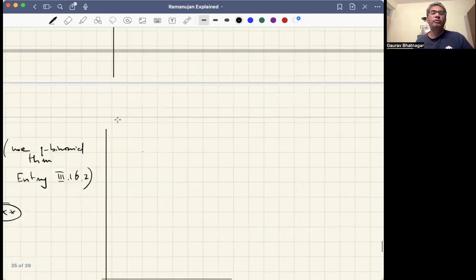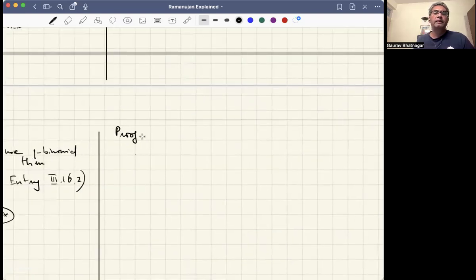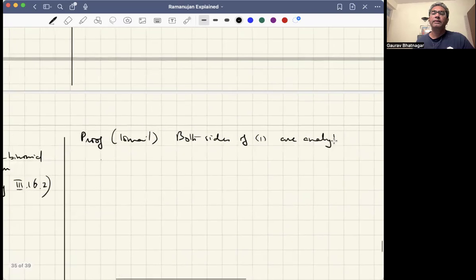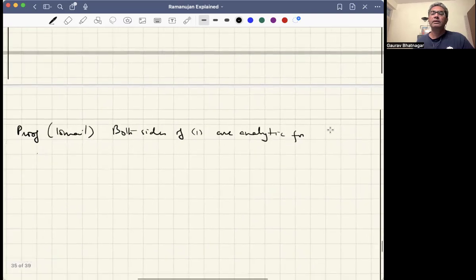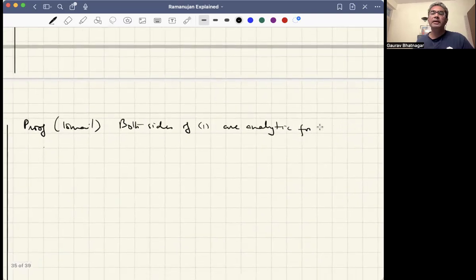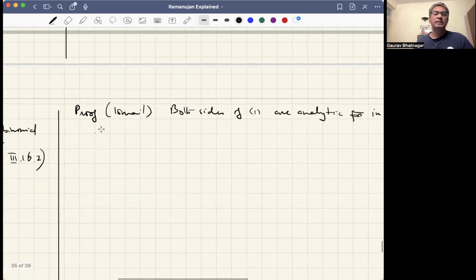So the proof by Ismail is that both sides of equation 1 are analytic in b in a disk near zero.